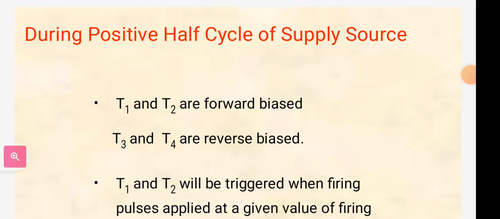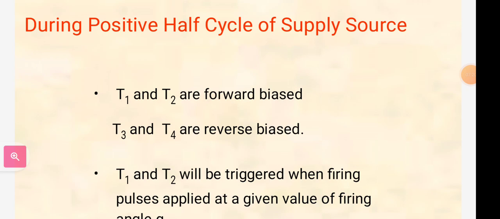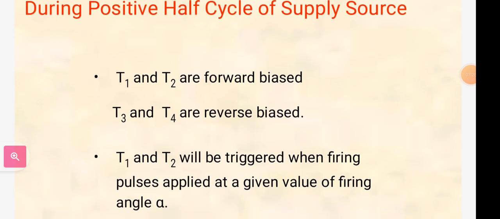During the positive half cycle of the supply source, T1 and T2 are forward biased, and T3 and T4 are reverse biased.